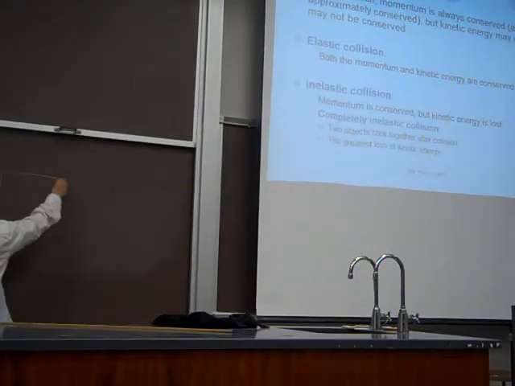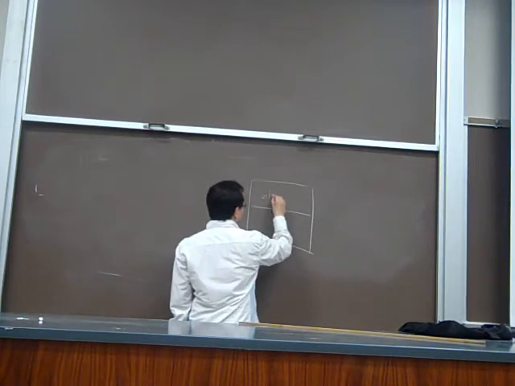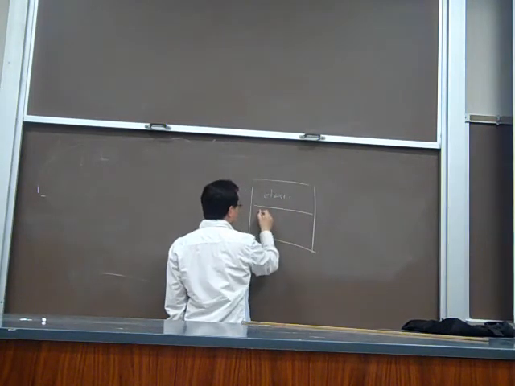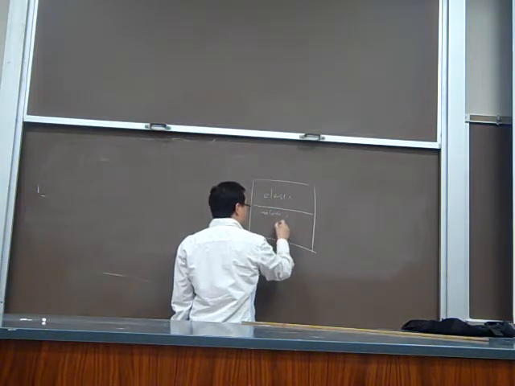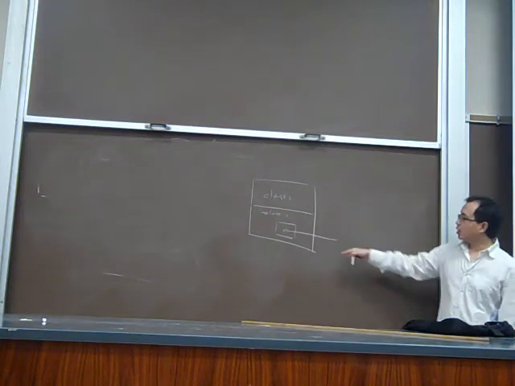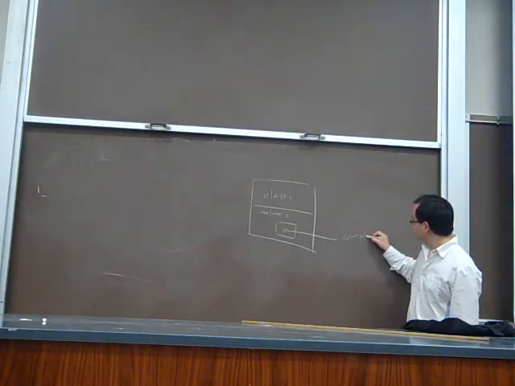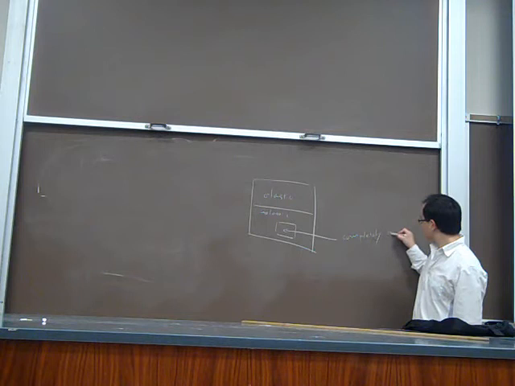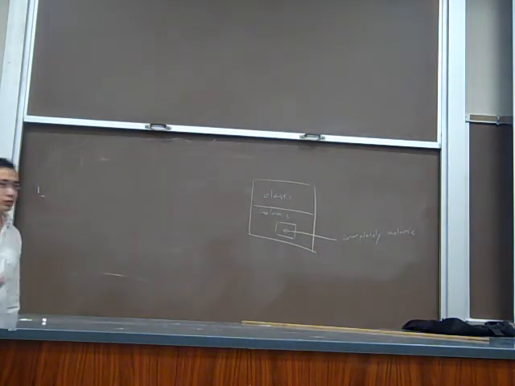And for the relation between these, please note that this is elastic, another category is inelastic, and completely inelastic is only a small subset of the inelastic collisions. That's the relationship between the three terminologies.